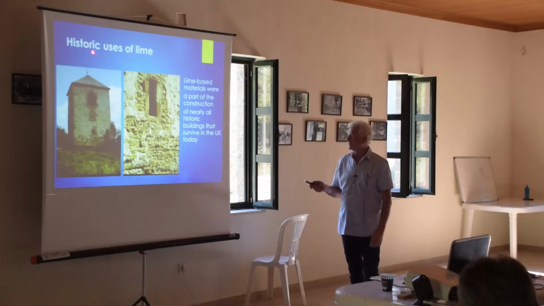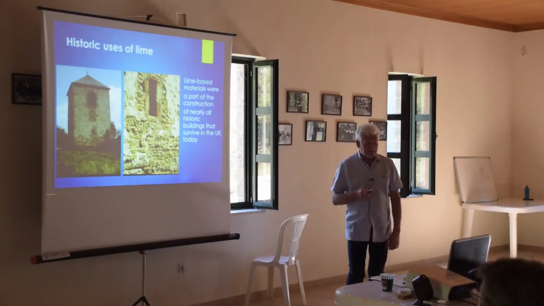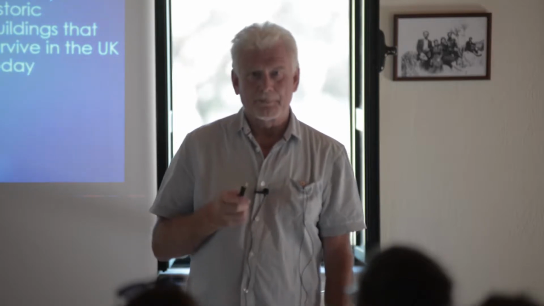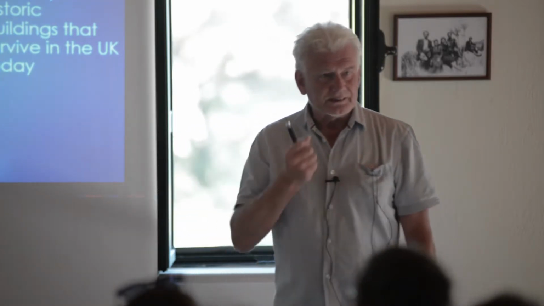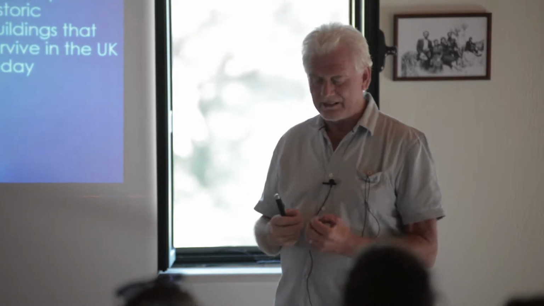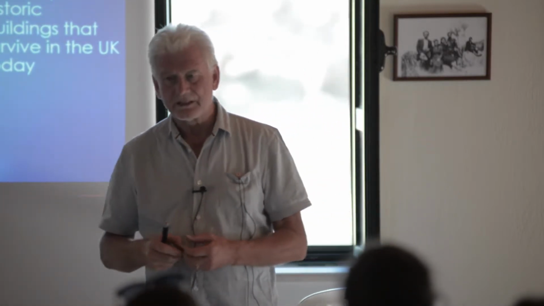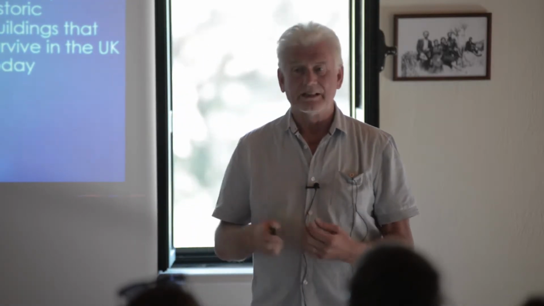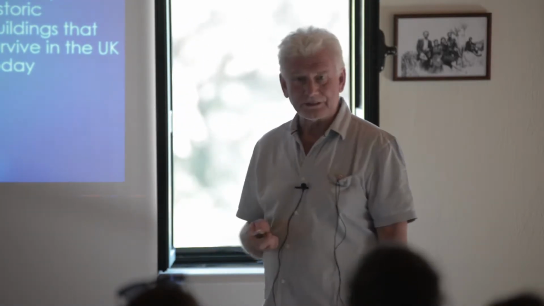Nearly every single one of them included lime-based materials. What has happened in the UK, particularly in recent years, is that there is a major movement back to using lime, to the old recipes, in order to restore these buildings.